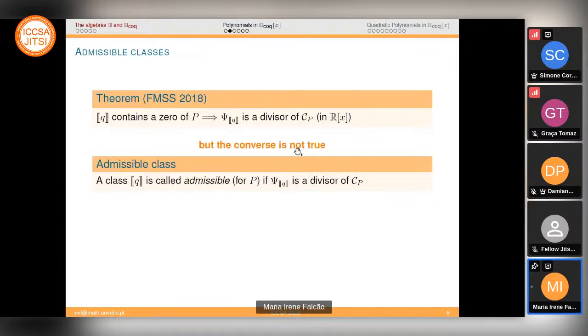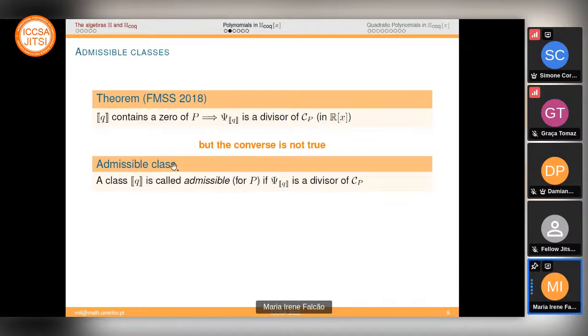But the converse is not true. Sometimes the characteristic polynomial can be a divisor of the companion polynomial without having any zero at all in the class.